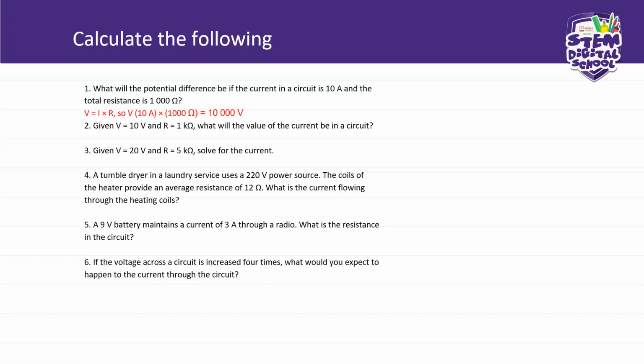A kilo ohm is times 1,000. Correct, Tando. So what will be the value of the current in this circuit?